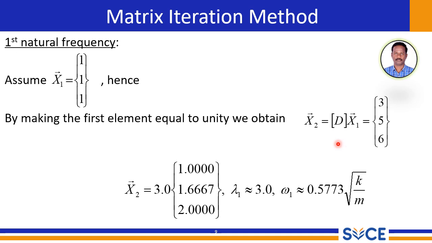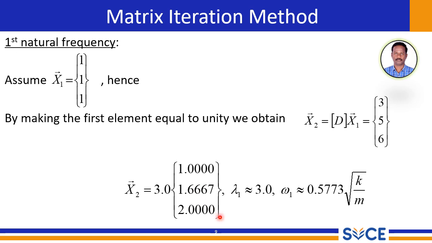Performing this matrix multiplication results in a new vector. Looking at the slide, we can see that when the dynamic matrix is multiplied with the initial vector, the resulting vector, which we are going to call x2, after taking 3 common, gives the values 1, 1.667 and 2.